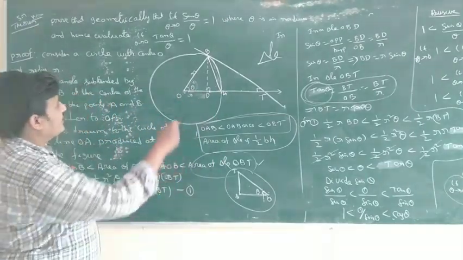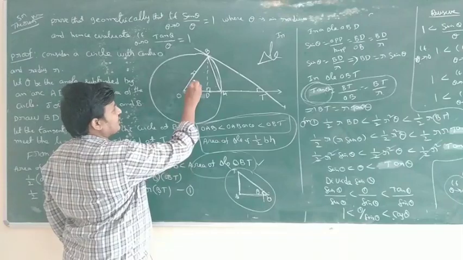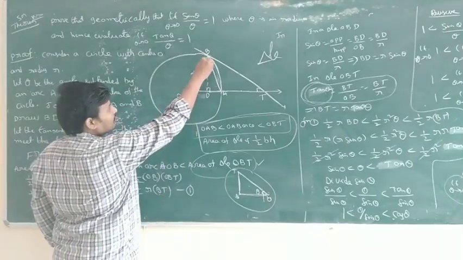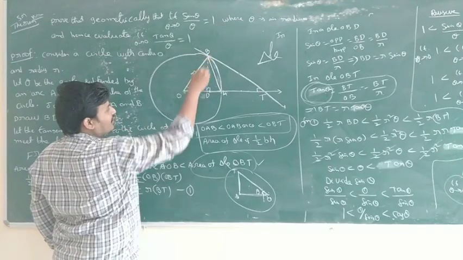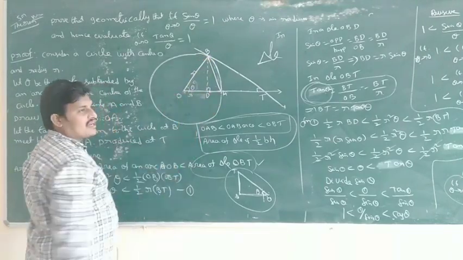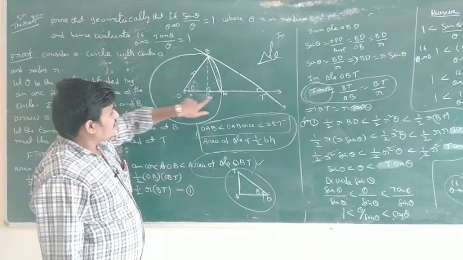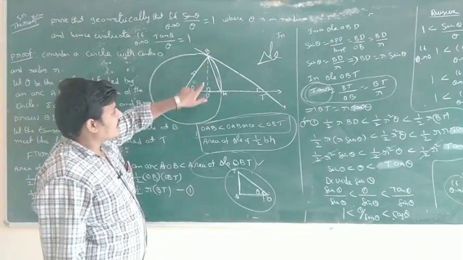Next, theta in radians. Now draw a line from B to the line OA, a perpendicular line.